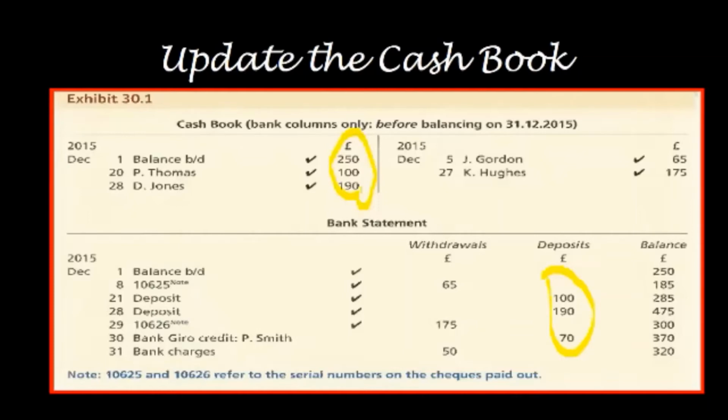The reason for that is that when you send money down to the bank, that's what a deposit is, you debit it in your cash book because that's what you do for assets. It's an asset for you. But when the bank receives the money, it's a liability for them because they are owing you that money, so they will have it in the credit column of your bank statement, and you will have it in the debit column.